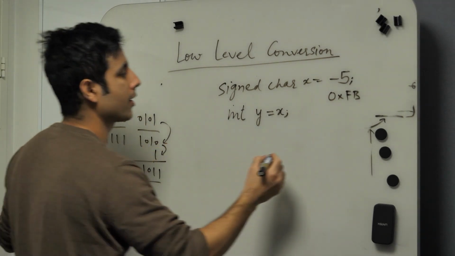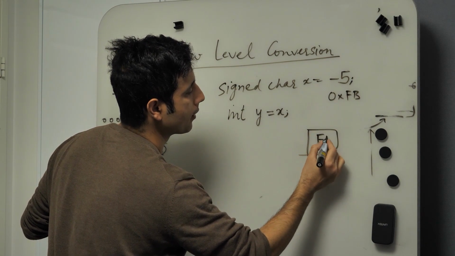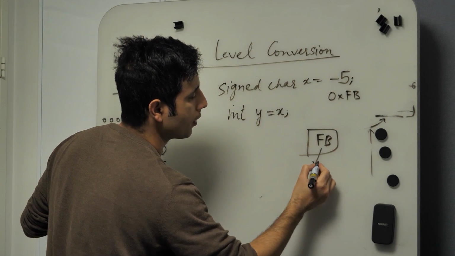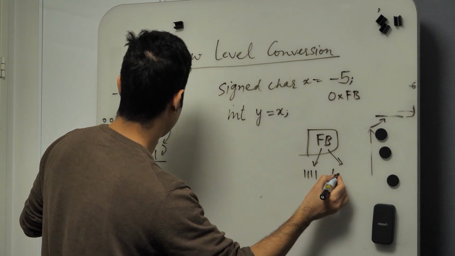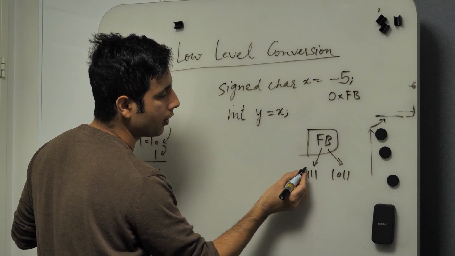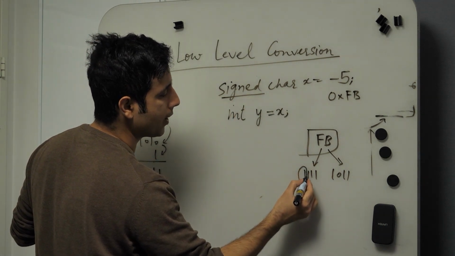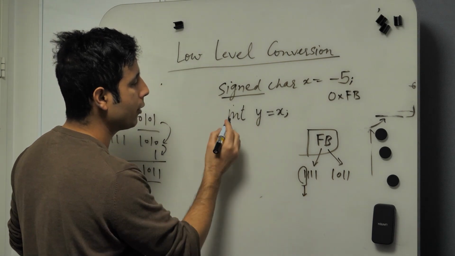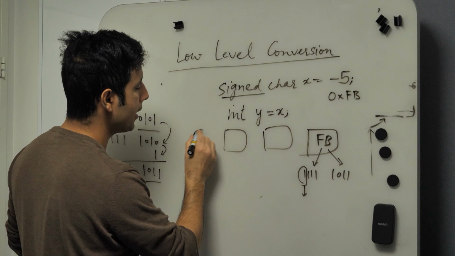So what happens here is that the first byte was FB, right? So the first data type was 1111 1011. If you recall, this is a signed character, so this is the sign bit. When you equate it to y, this sign bit is extended.